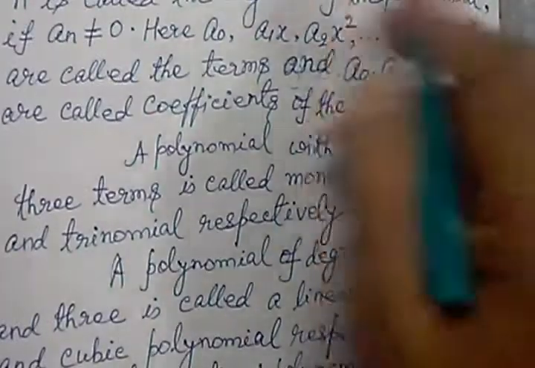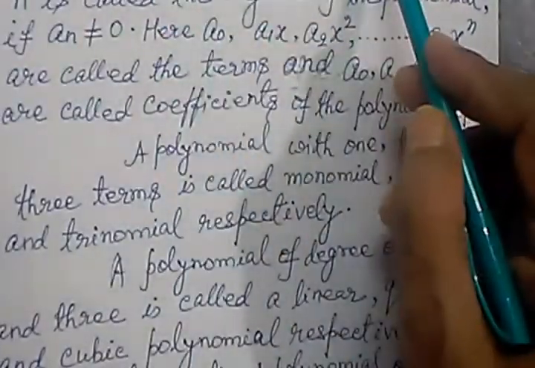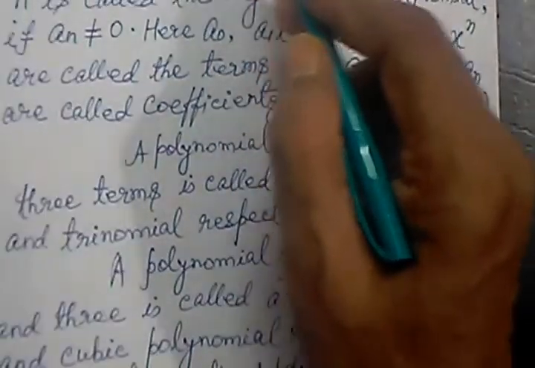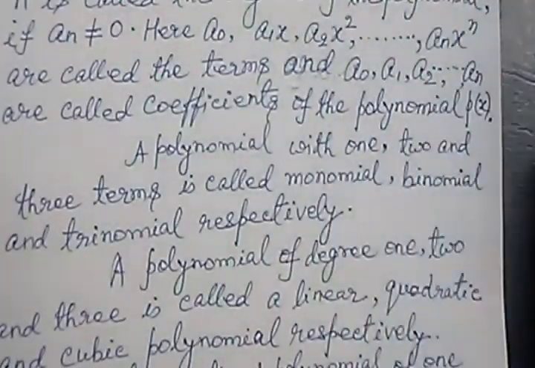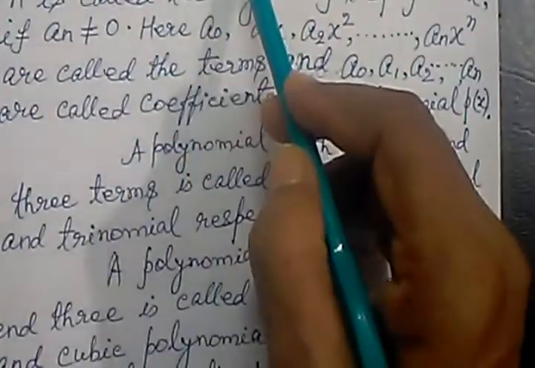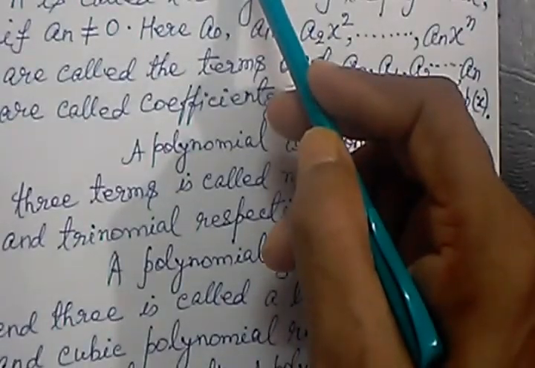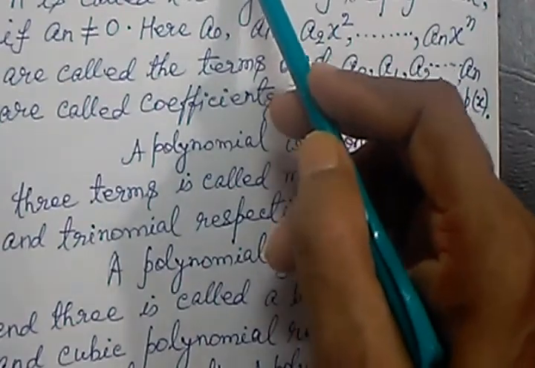So these are the real numbers, as I told you, and all the powers of x, see here, are 0, 1, 2, 3, and so on up to n. So all the powers of x are non-negative integers. These are non-negative, not negative integers.